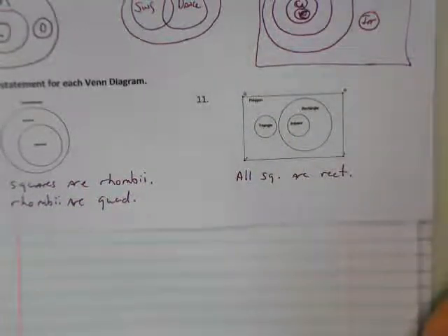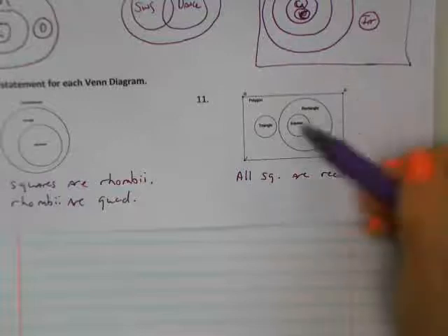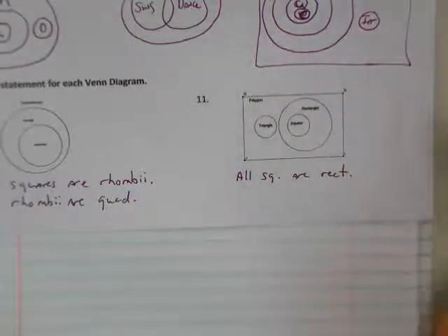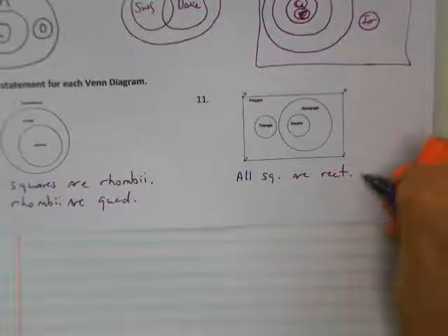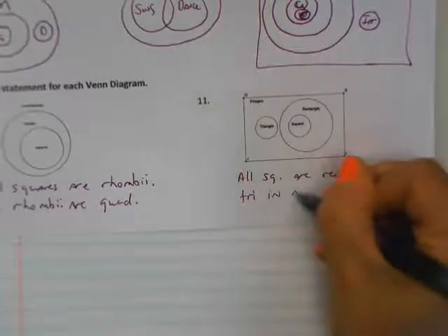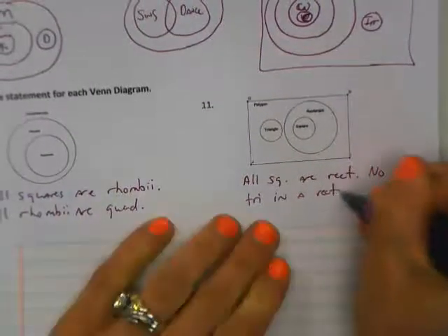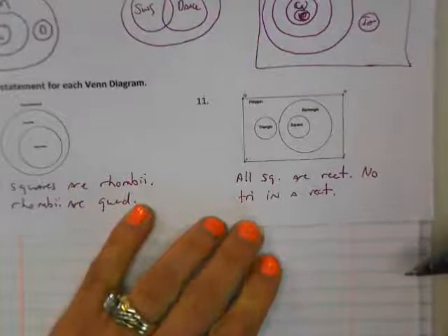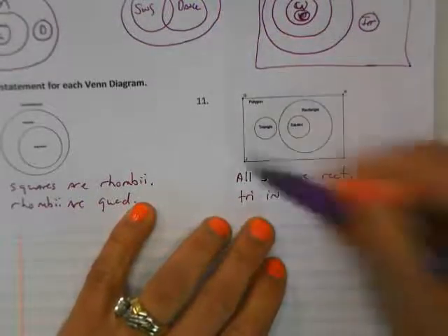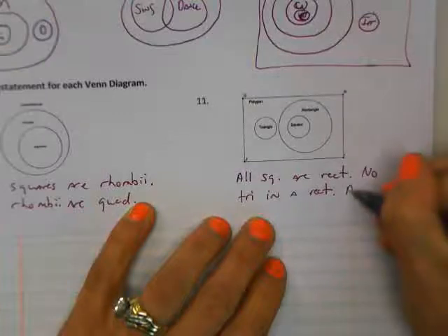What about this? No triangle is a rectangle. And finally, how would you communicate this last thing? All triangles and rectangles are polygons.